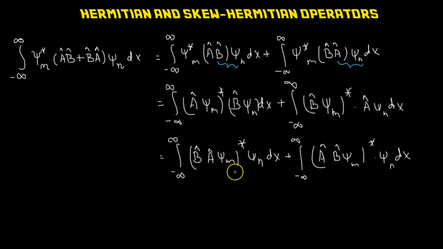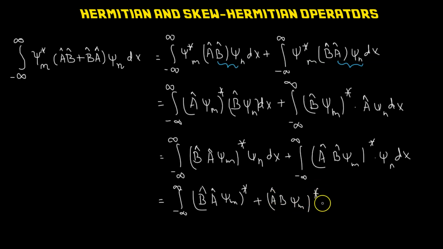Now that we have applied the definition, we can combine the two integrals. So we have the integral from negative infinity to positive infinity of BA psi m conjugate plus AB psi m conjugate, whole multiplied by psi n dx.